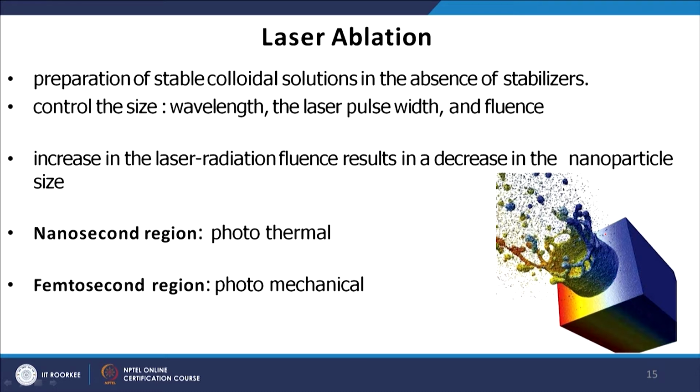Increase in the laser radiation fluence results in a decrease in the nanoparticle size, and in the nanosecond region it is a photothermal process, in the femtosecond region it is a photomechanical process. Since the ablation is done by using a pulse laser beam, this can be a nanosecond Nd:YAG laser beam or a Ti-Sapphire femtosecond laser beam. If you use a nanosecond Nd:YAG laser beam, then the ablation process is photothermal.